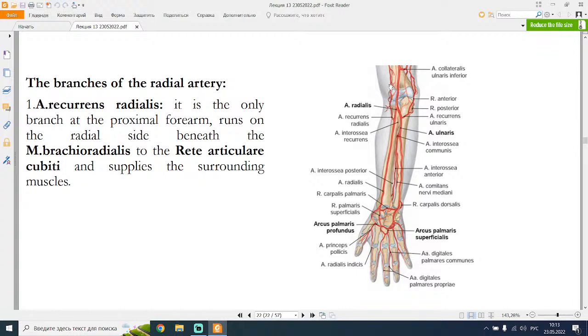It runs on the radial side beneath the musculus brachioradialis to the rete articulare cubiti and supplies the surrounding muscle.